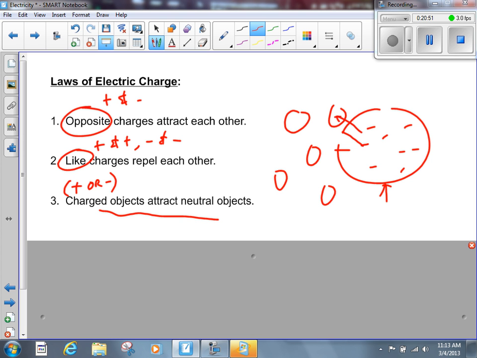What happens to that bubble when it gets a whole bunch of extra electrons? A whole bunch of extra electrons repelling each other. It pops, it breaks. Well, now this bubble that has a whole bunch of extra electrons breaks and splatters. What happens to the pieces? They go everywhere, right?